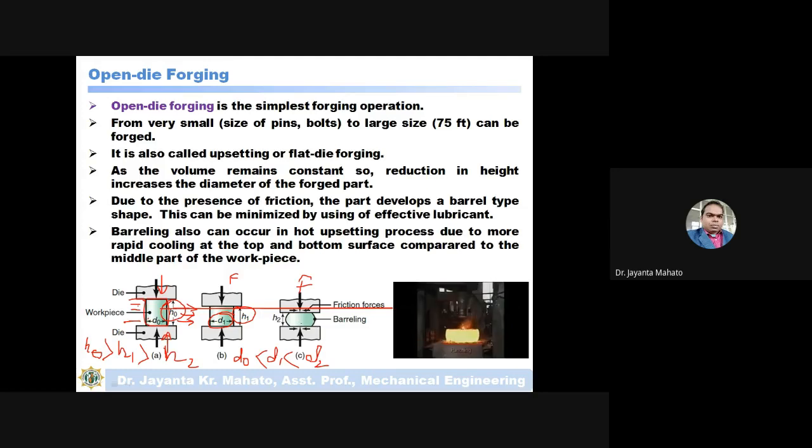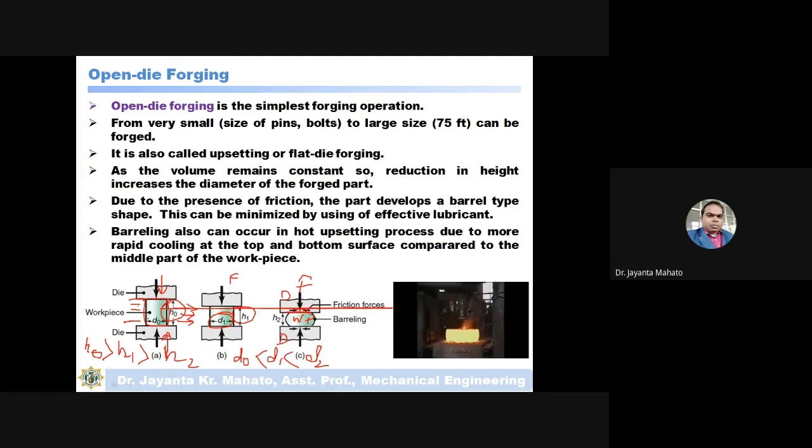Now, as the diameter increases, consider the contact area between this workpiece and the die, the upper part being one die part. There is friction, as there is contact between the die and workpiece.